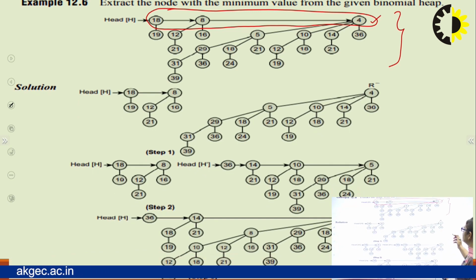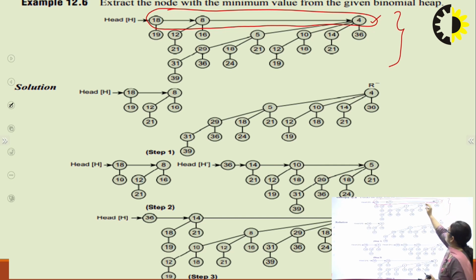Let's understand it with an example. In the root list the minimum value is 4. So first we have to remove the 4 from this binomial heap. After removing the 4, we will get 4 separate binomial trees of order 0, order 1, order 2 and order 3, like this.